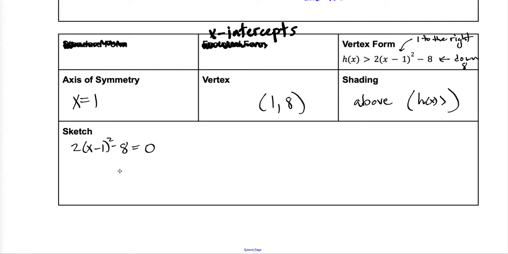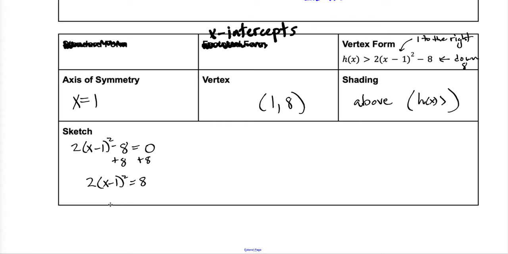What we are going to do is go way back to solving by square rooting. So we are going to add 8 to both sides. We're basically going to do the opposite until we get x by itself. So add 8 to both sides to cancel that off. Then this says 2(x minus 1) squared equals 8.